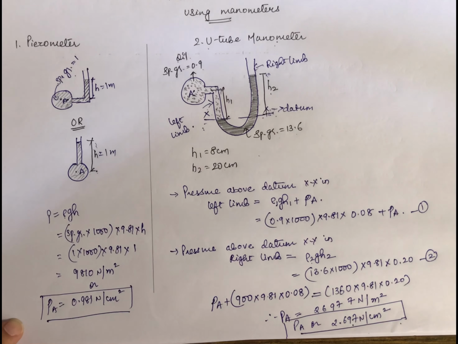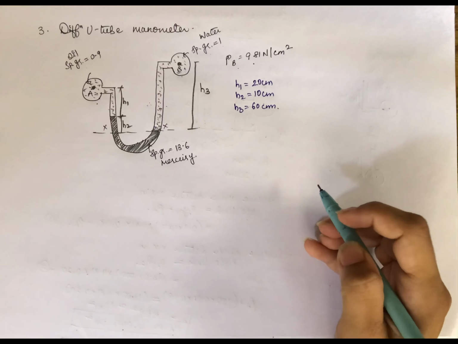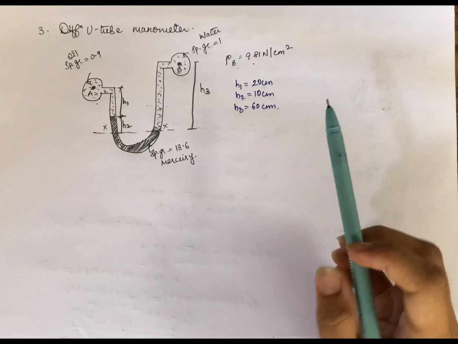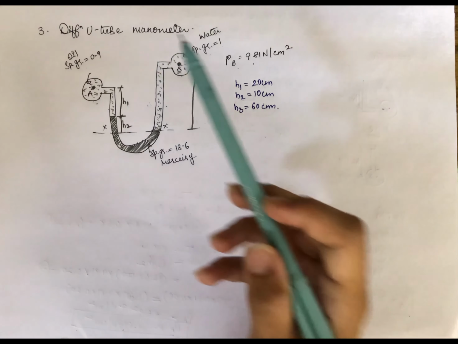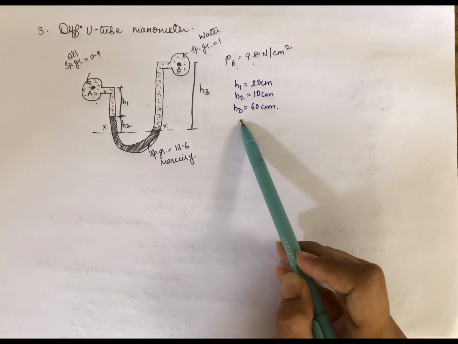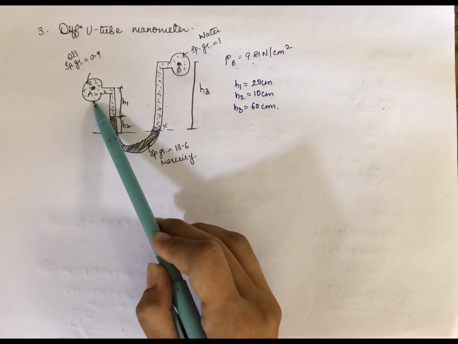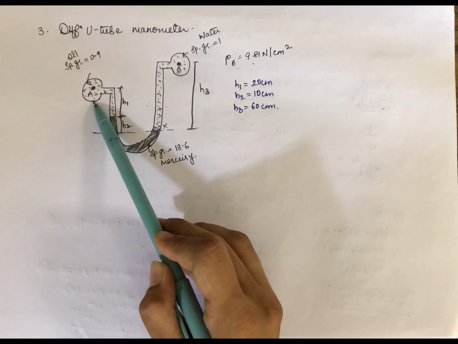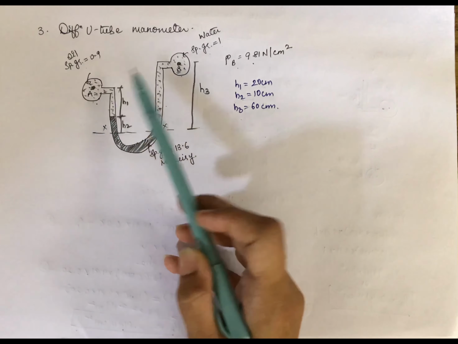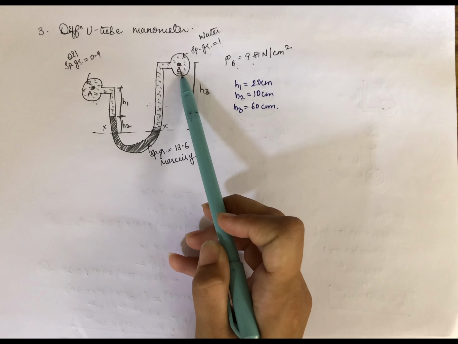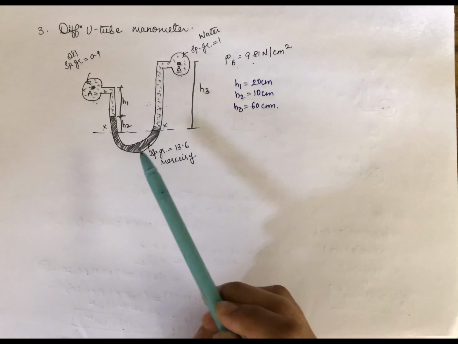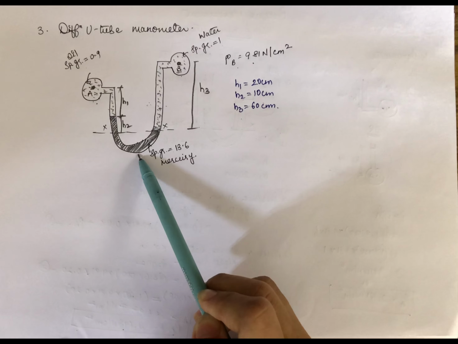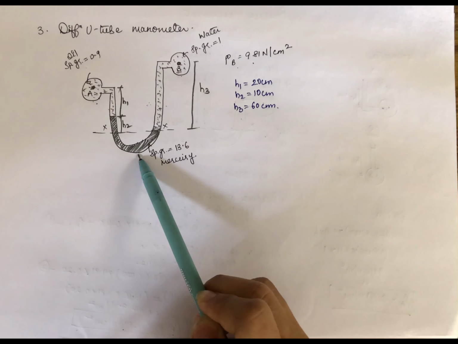Here in the third case, we are going to find the pressure at point A using a differential U-tube manometer, where the following details are given. Here two pipes are given. In pipe A, oil of specific gravity 0.9 is there. In pipe B, water of specific gravity 1 is given, and both these pipes are connected with a U-tube manometer in which mercury with a specific gravity of 13.6 is filled.